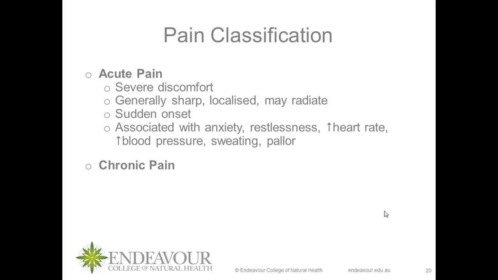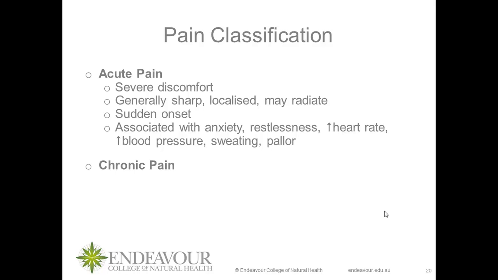First of all, to work out, is the pain acute or is it chronic? If it's acute pain, we want to know, is it a severe discomfort? Is it, in general terms, sharp? Does it tend to be localized? This is often the case with acute pain. Acute pain often radiates, so you want to ask questions about that.